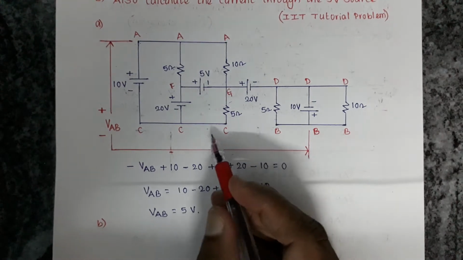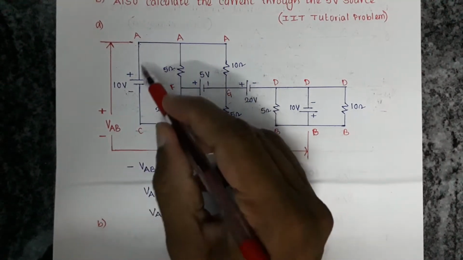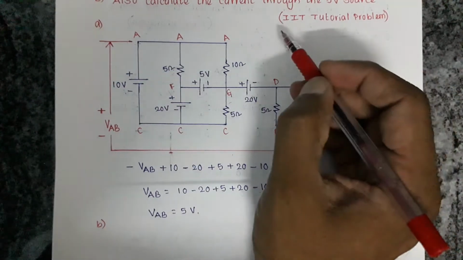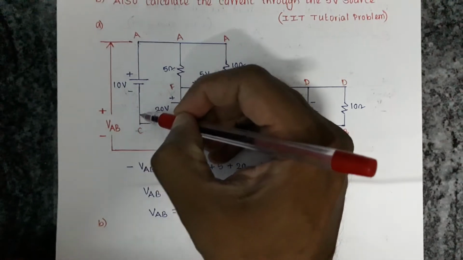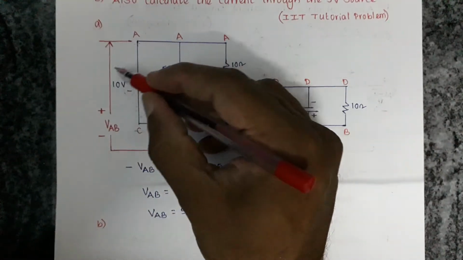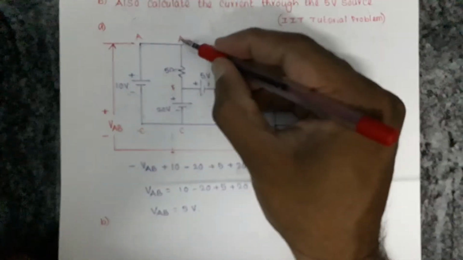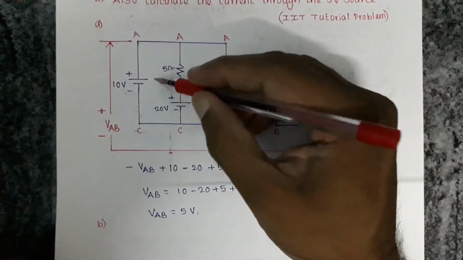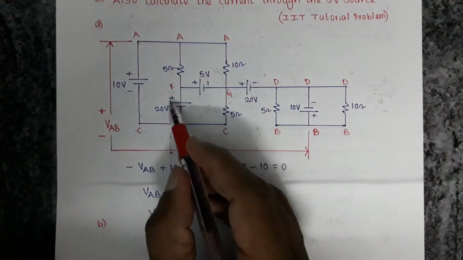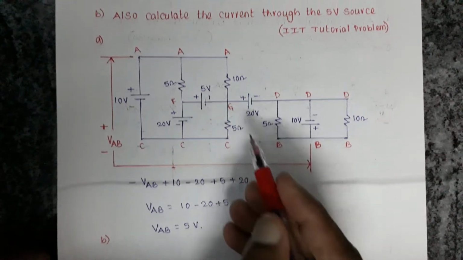Now to solve for the current in this 5-volt source, by applying KVL in this loop, already 10 volts is there. From A to C, the voltage should be 10 volts. Already from F to C there is a voltage of 10 volts. Now what is the voltage between A and F such that the voltage between A and C should be 10? Already 20 is there, so you have to subtract 10.